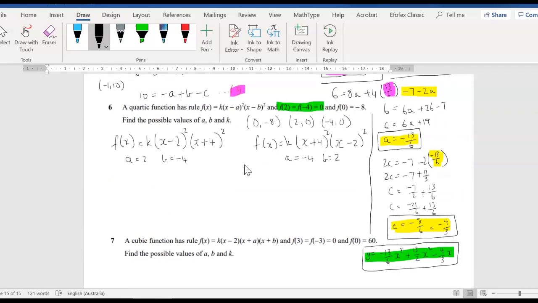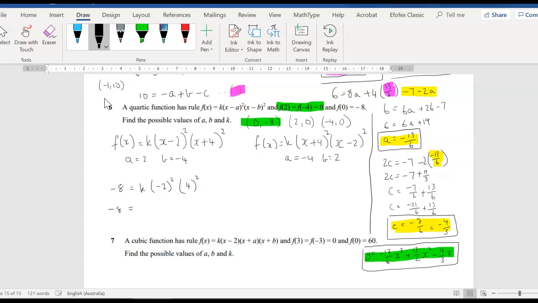All right, let's substitute in now our other point. The other point we're going to substitute in is this one, 0, negative 8, which is our y-intercept. So negative 8 equals K. Now we've got 0 minus 2 squared, so I'm just going to forget about putting the zeros in, and then we've got 4 squared.